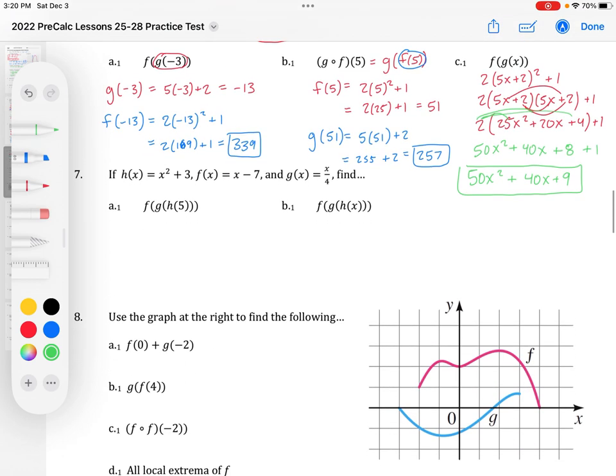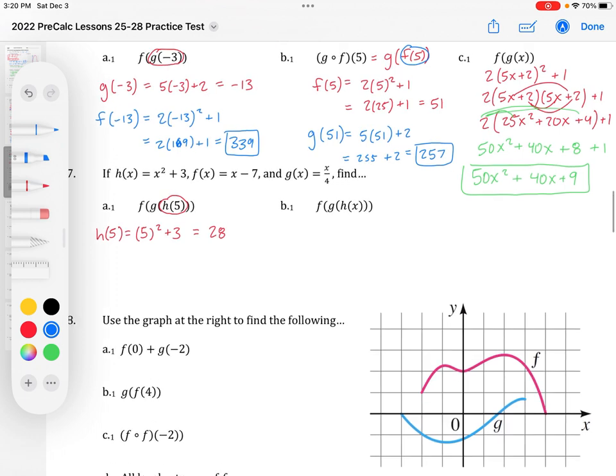All right, in number 7, we're going to work with 3 functions. So 7a, we're going to start from the inside and work our way out. So h of 5 is first. h of 5 is going to be 5 squared plus 3, because I'm using the h function. So 25 plus 3 is going to give you 28. Now we're going to take 28 and put it in for the g function.